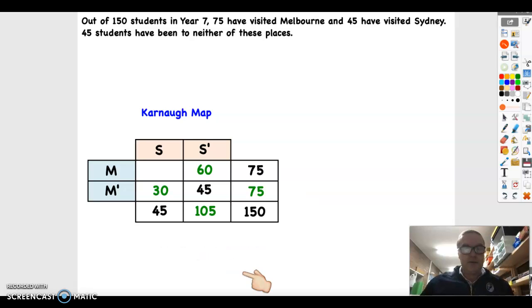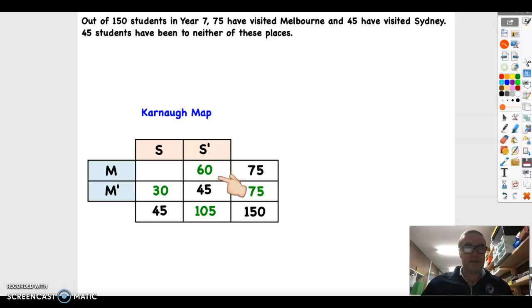Once I've worked out those two pieces of information, because I know that 105 students have not been to Sydney and 45 have not been to Melbourne, of those students, I can say that 60 plus 45 is equal to 105. That tells me that of the 105 students who have not been to Sydney, 60 of them have been to Melbourne.